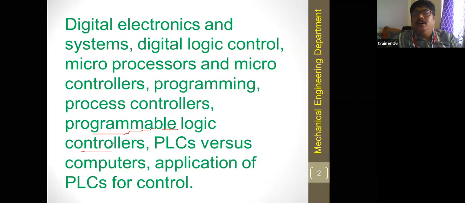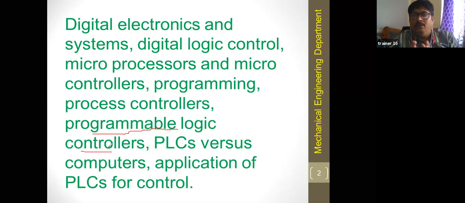That means this programmable logic controller is most widely used in industrial automation. PLC means it has a ladder logic diagram. Why is this linked? Unit 4 is linked with unit 3.